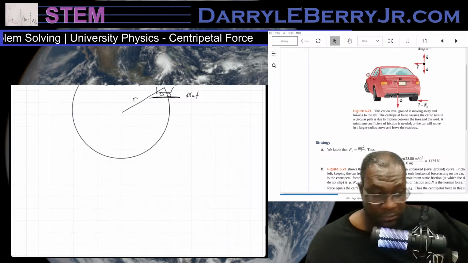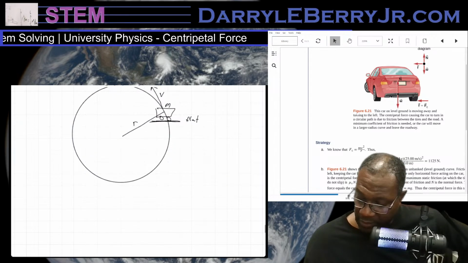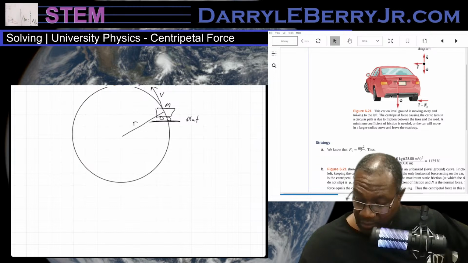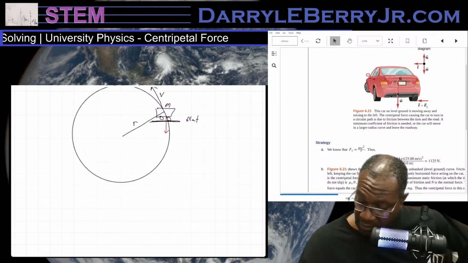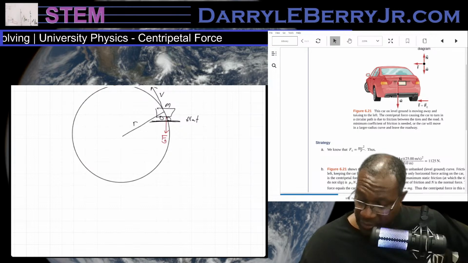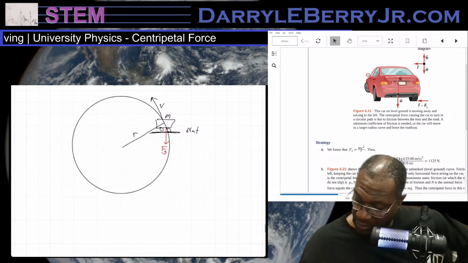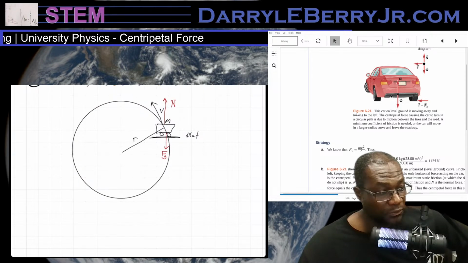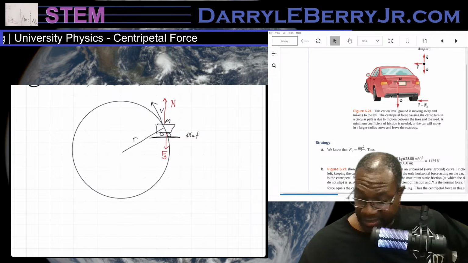Let's go ahead and duplicate this. So we have the weight of the car, which I always call Fg. We have the normal force. Those are equal if the car is not flying away.